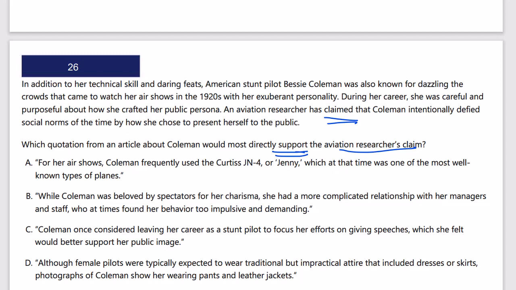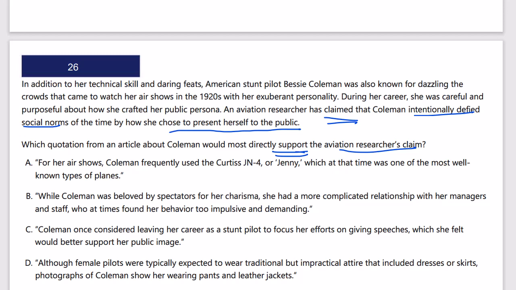An aviation researcher has claimed that Coleman intentionally defied social norms of the time by how she chose to present herself in public. So she was very exuberant, outgoing, and used this as kind of PR, and that defied the social norms, I guess, for a woman to do that at that time. So let's see some quote that actually supports just that.